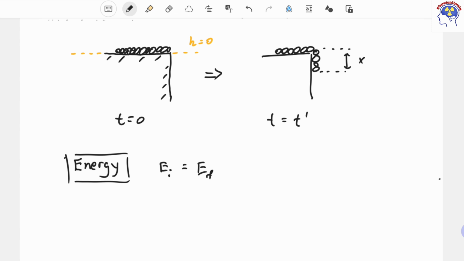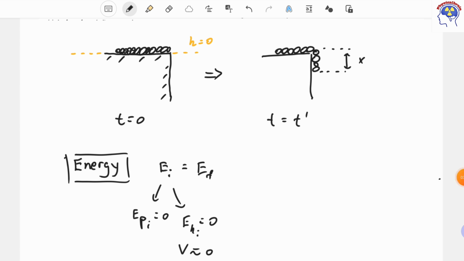So it's starting, but with very low speed. So you can say in the beginning the potential energy equals 0, because all the chain is at a height of 0, and also the kinetic energy equals 0. The initial kinetic energy equals 0 because v is approximately 0.